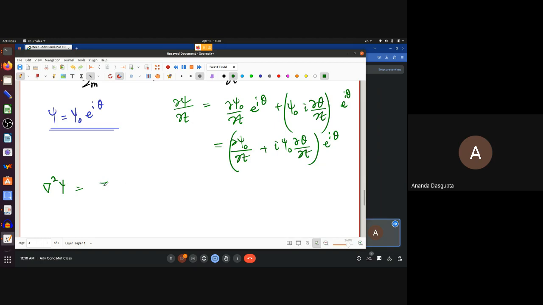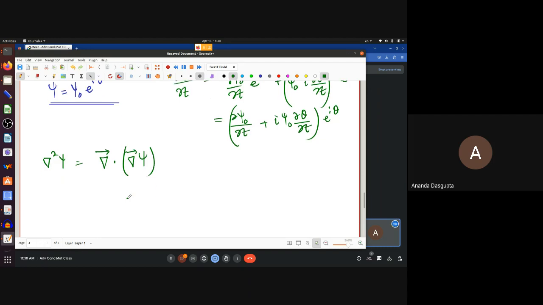And the other way of looking at that is divergence of grad, the same thing. Divergence of grad psi is del 2 psi del x2 plus del 2 psi del y2, etc. Now, this helps us to calculate the Laplacian of psi in terms of psi 0 and theta by breaking it up in two steps.